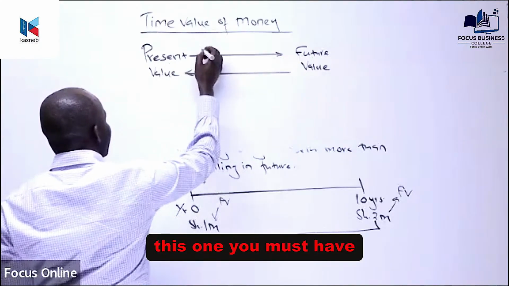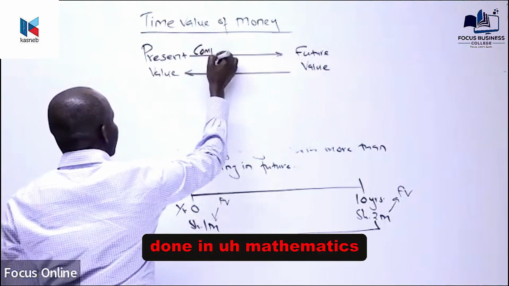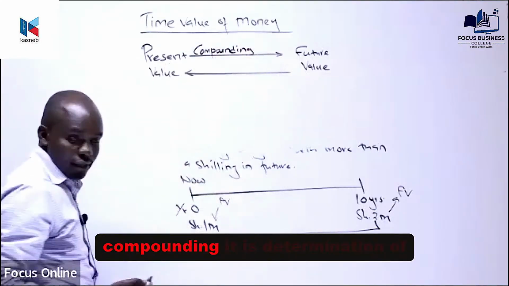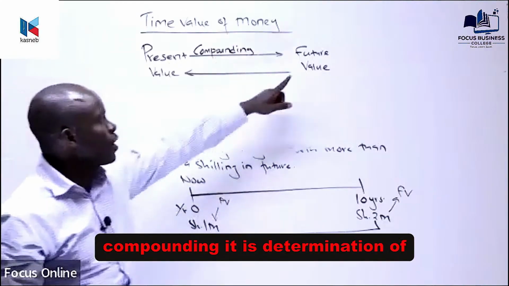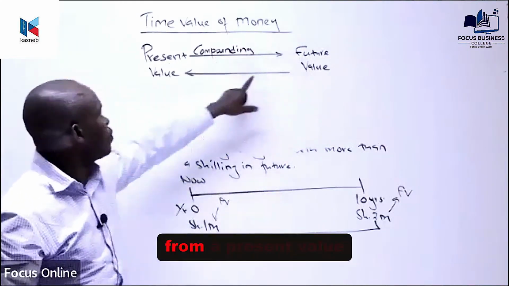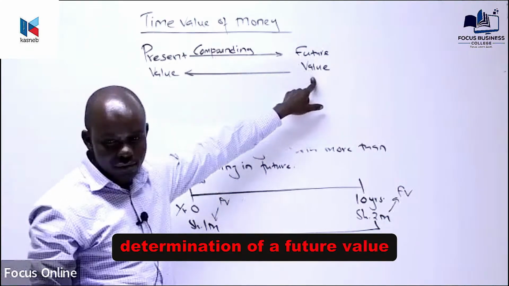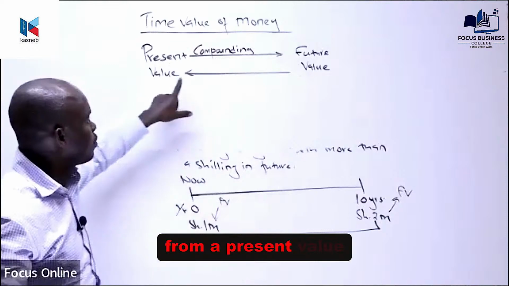This one you must have done in mathematics. Compounding is the determination of a future value from a present value.